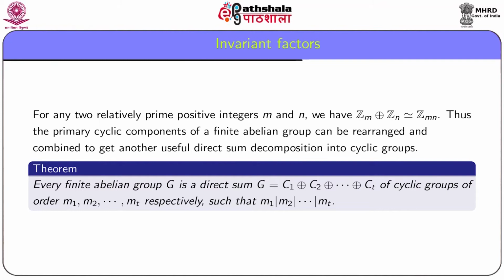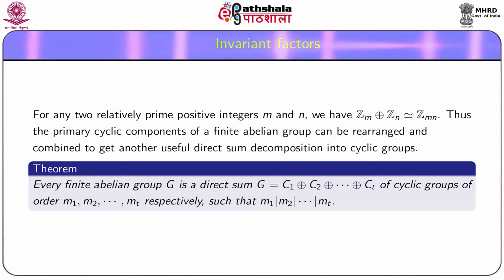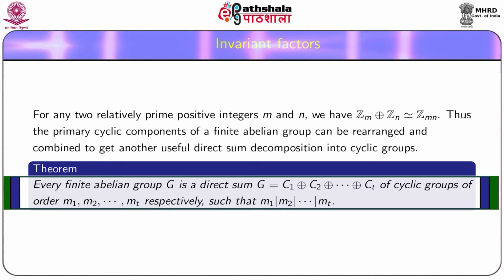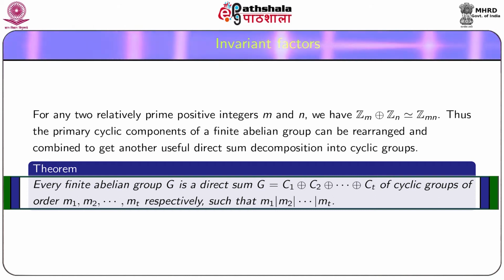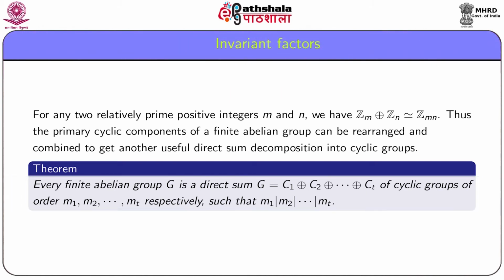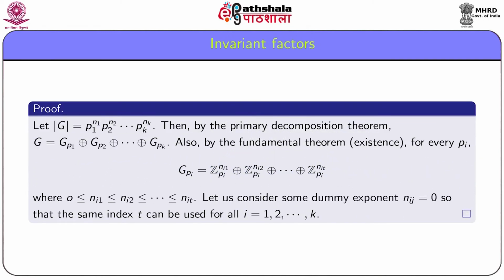Now we prove that every finite abelian group G can be represented as a direct sum of the cyclic groups C1, C2, up to Ct of orders M1, M2, up to Mt respectively, such that M1 divides M2 divides and so on divides Mt. Let order of G be equal to p1 to the power n1 into p2 to the power n2 and so on into pk to the power nk.